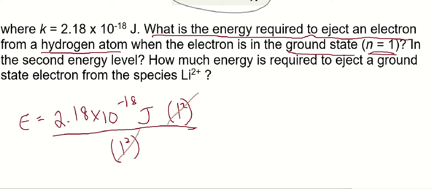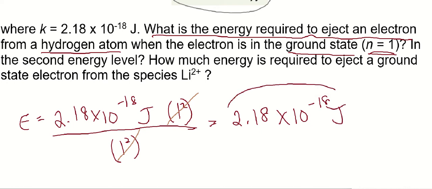We just ignore these because they're just 1s, and the answer is simply the constant, 2.18 times 10 to the negative 18 joules, which is how much energy is required to remove hydrogen's 1 electron from its ground state.